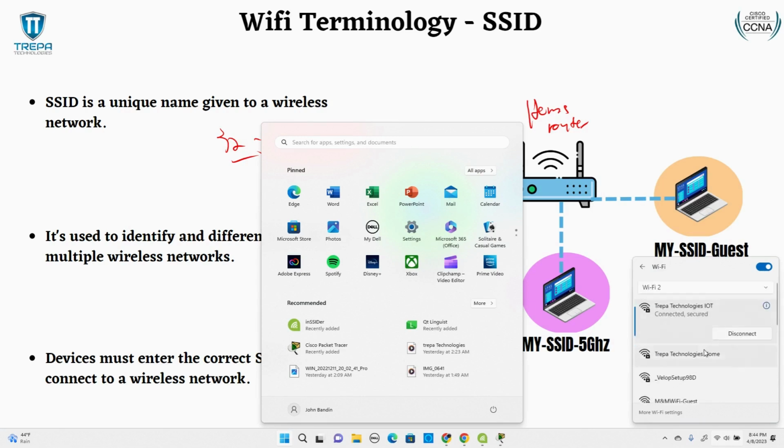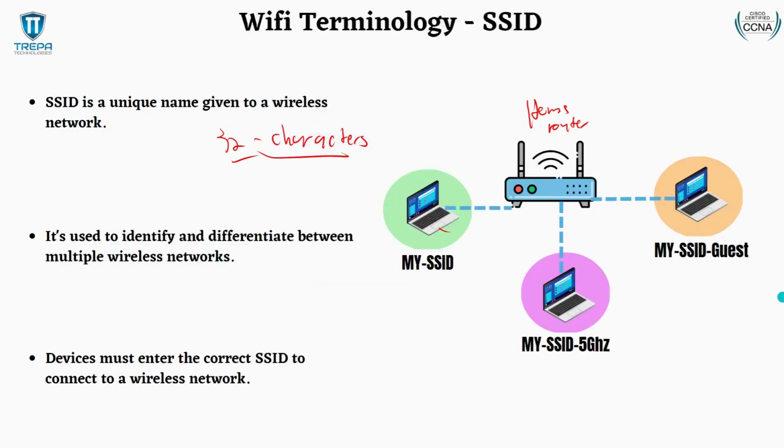My computer connects to Trepa Technologies IoT or home. I have 2 Wi-Fi adapters on here, and those are the ones it remembers to connect to based off the SSID. Trepa Technologies IoT is the SSID name that I configured for my home wireless network.